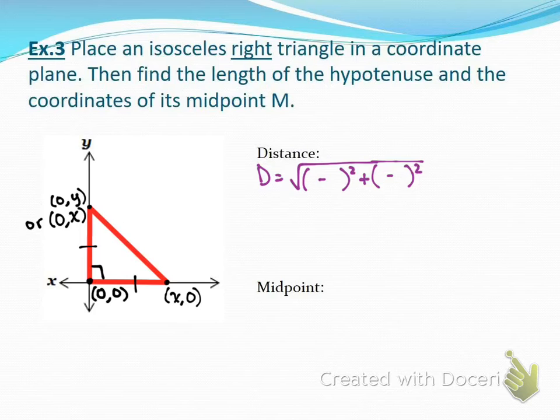Okay. So if we start with this bottom point, what's my x coordinate from my bottom point? X. What's the x coordinate of my other point? 0. Okay, then we started with this bottom point. We got to restart with it. What's the y coordinate from this point? 0. Now this is going to sound weird to say. What's my y coordinate from the other point? X.